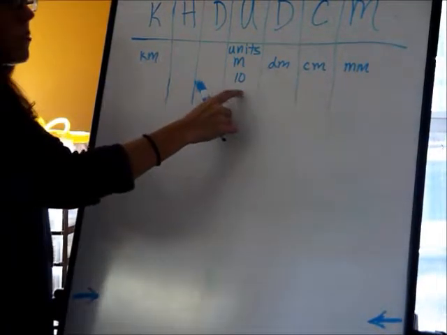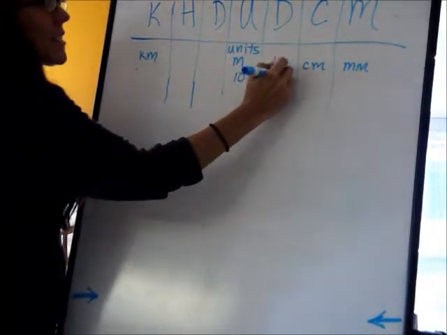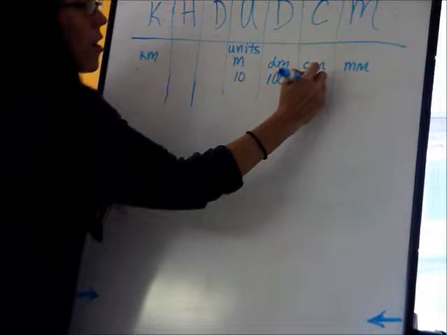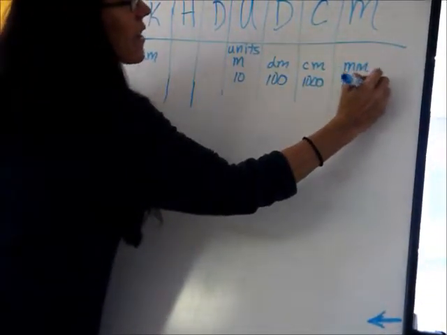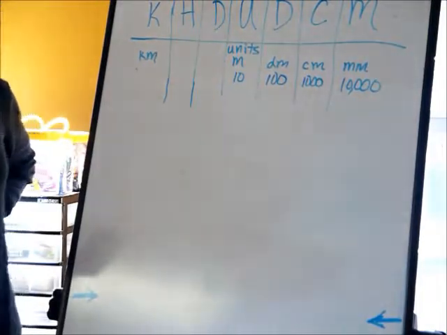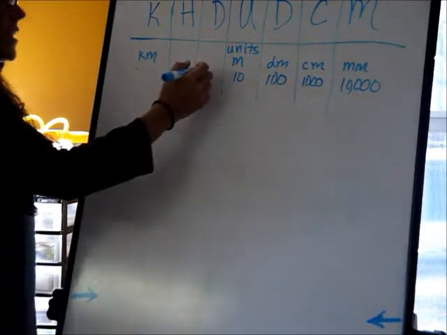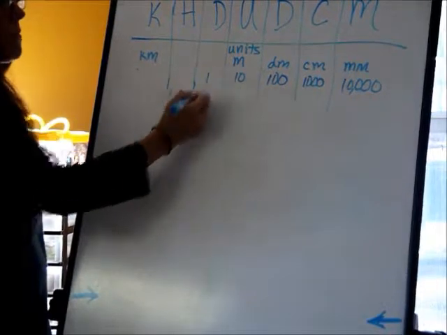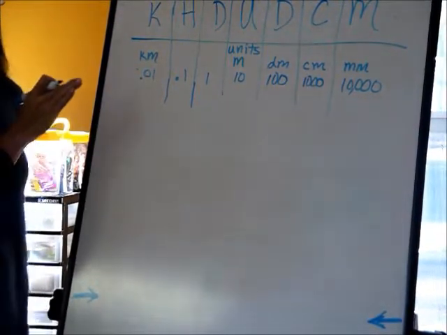Matthew said. So 10 meters is 100 decimeters, is 1,000 centimeters, is 10,000 millimeters. That's a lot of millimeters. And that's decameters. That's where we do 1, 0.1, 0.01.